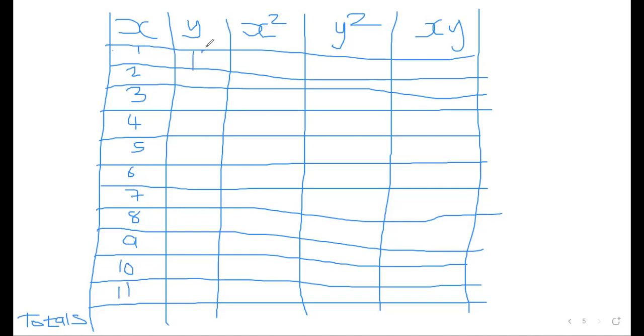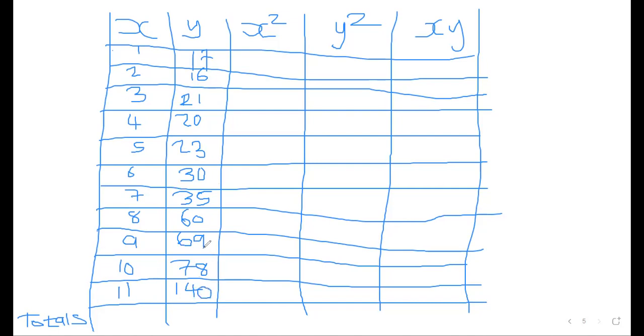Then the Y is 17, 16, 21, 20, 23, 30, 35, 60, 69, 78, and 140.